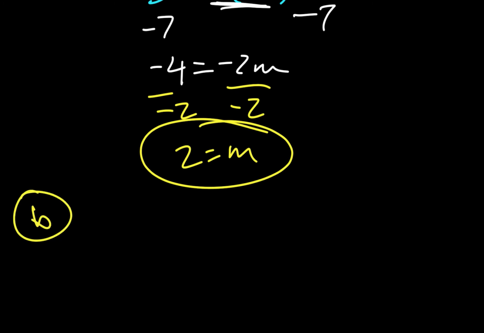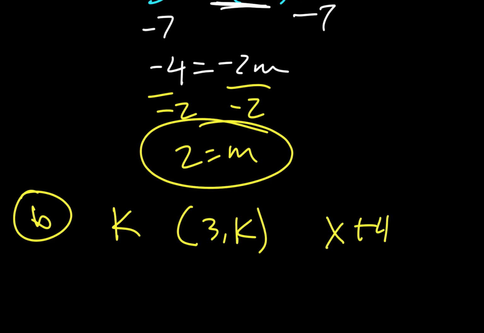And it says find k given (3, k), and then the equation is x plus 4y equals -9. And so once again, we're just going to substitute into this. So our x value is 3. So it's 3 plus 4 times the y value, which in this case is k.